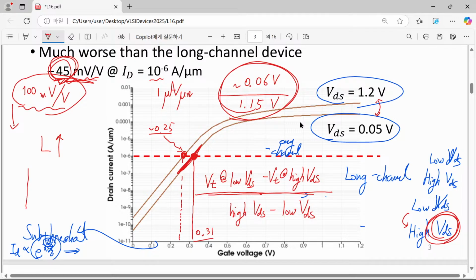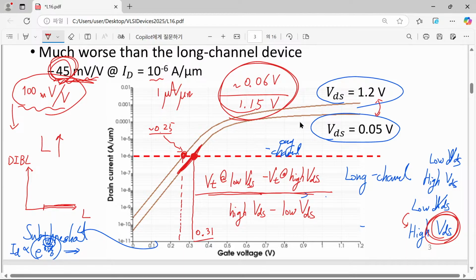So typically, what you get from your technology is like this: draw DIBL as a function of length. Then, beyond a certain length value, DIBL is really negligible. Negligible means not exactly 0, but its value is quite small.